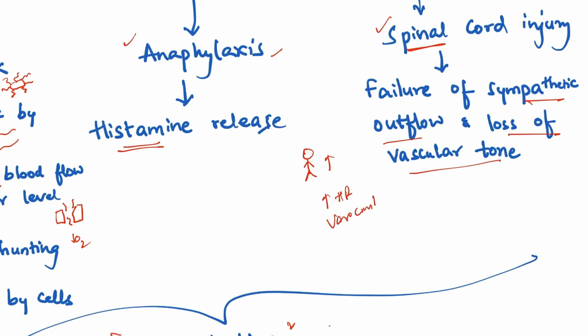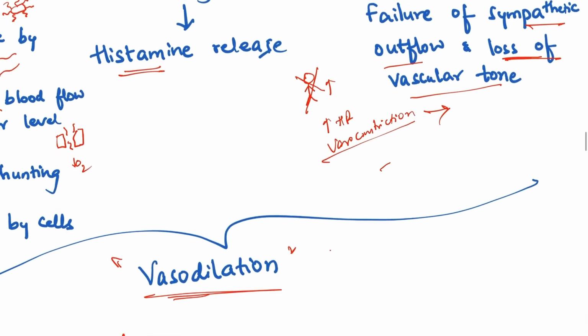So when there is blockage of the sympathetic outflow, there will be vasodilation as well as loss of vascular tone. A blood vessel has to have a tone to maintain the flow.